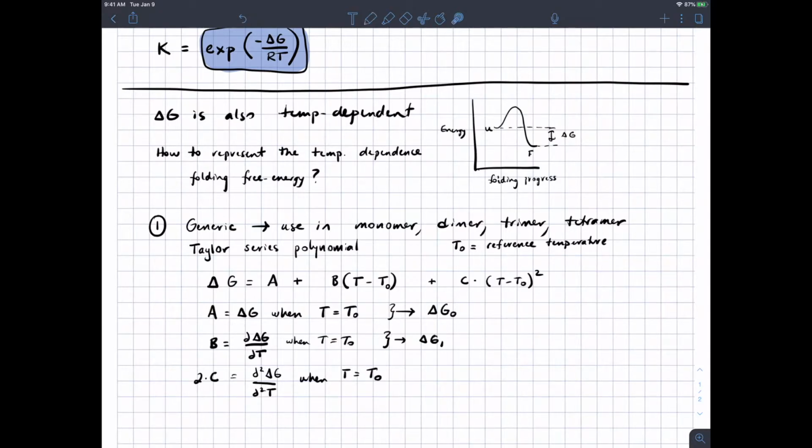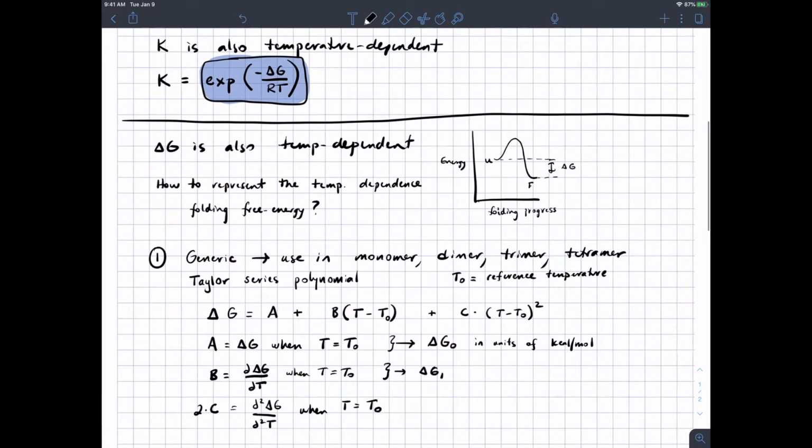These are details that you don't necessarily need to know, but you will note that delta G is going to be in units of kcal per mole. By the way, our R value here, we're going to also express in units of kcal per mole.